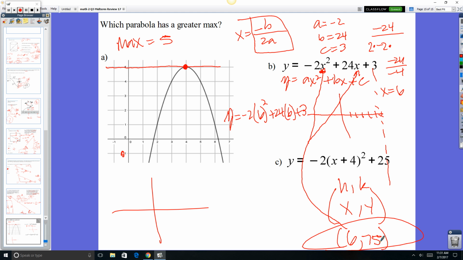So this means you're going to go over 6 and up 75, which is the winner. So this max was 75. This one was 25 and this one was 5. So B by far has the greatest max.